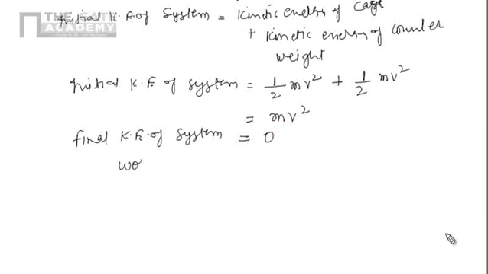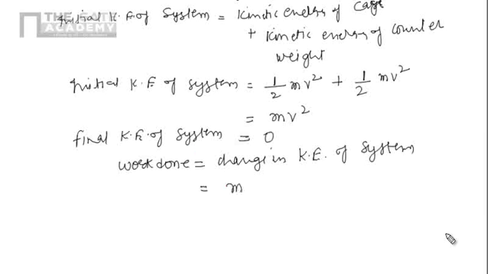So work done on system is the change in kinetic energy of system, mv square minus 0. That is work done, W, so W we are having mv square.